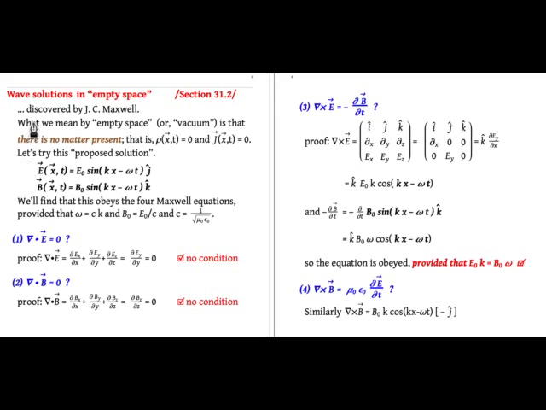And we're going to see that these functions of position and time, the electric field vector as a function of x and t, and the magnetic field vector as a function of x and t, solve or obey the four Maxwell equations with some conditions on the parameters.